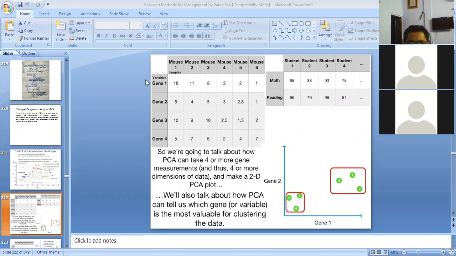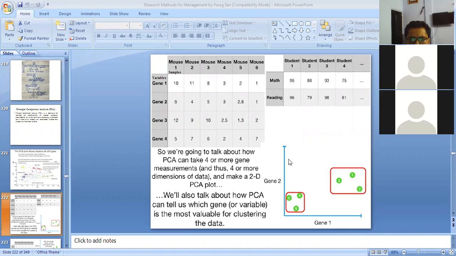And for example, gene 1, gene 2, gene 3, gene 4 are your variables. Instead of mouse, you can also take student 1, student 2, student 3, student 4 as your samples. And math, reading, or other subjects, or for example extracurricular activities, you can consider as the variables.